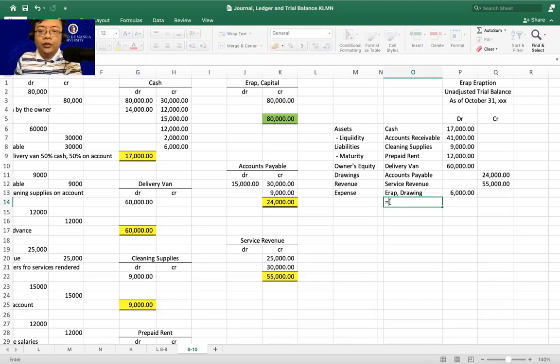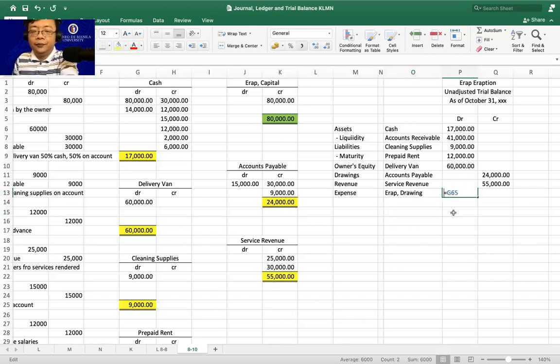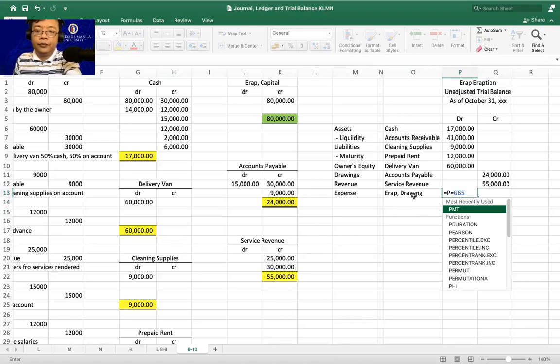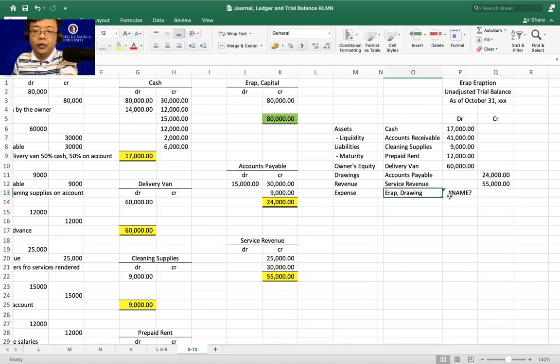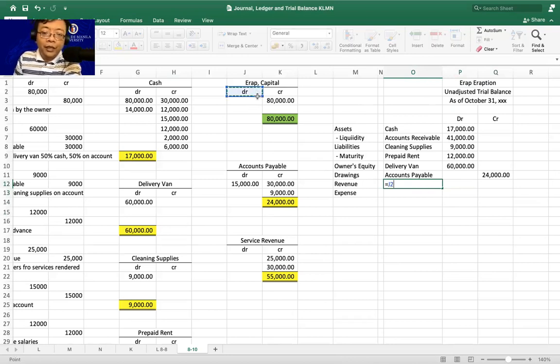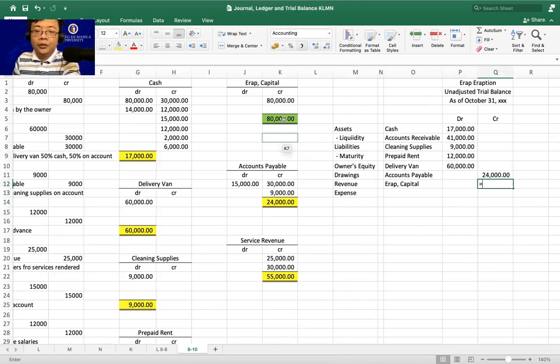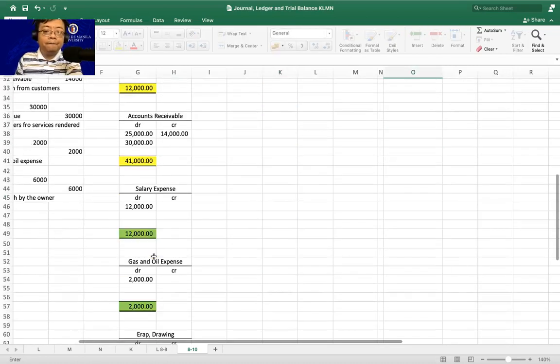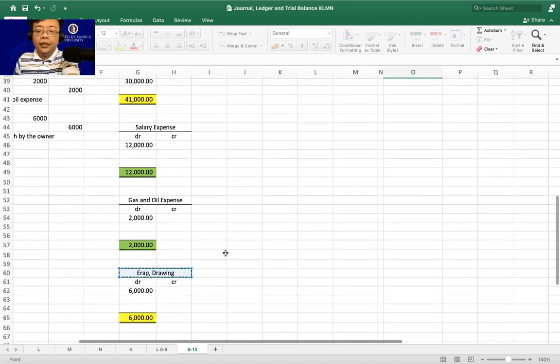Sorry, I forgot the capital. Don't worry. We probably won't be balanced later because I forgot the capital. The capital is worth 80,000 here, so we put yellow. And again, we have drawing, worth 6,000.